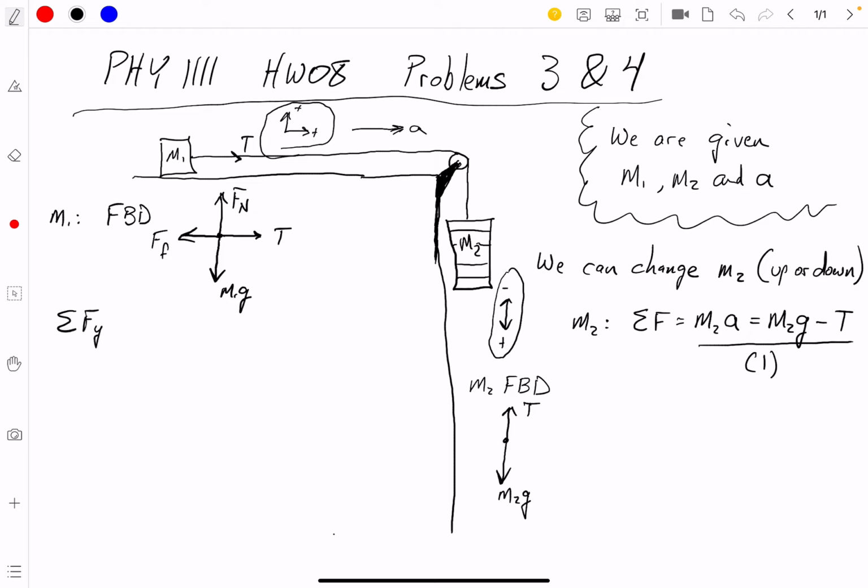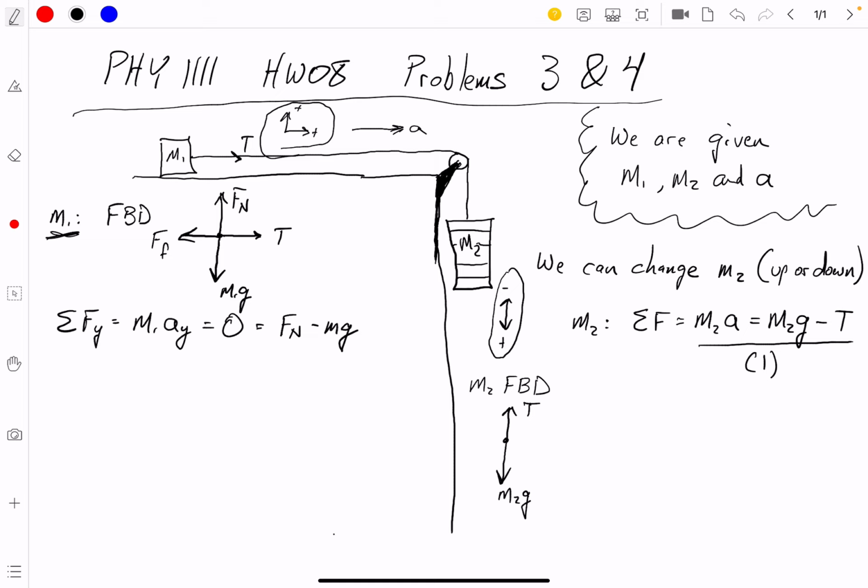Now this time I'm going to say this is the sum of the forces in the y direction, because our mass of 1, we're only dealing with M1 now. Our mass of 1 is multiplied by AY, but we know that AY is equal to 0, so we're going to say that equals 0, and then we're going to have our Fn going up and Mg going down.